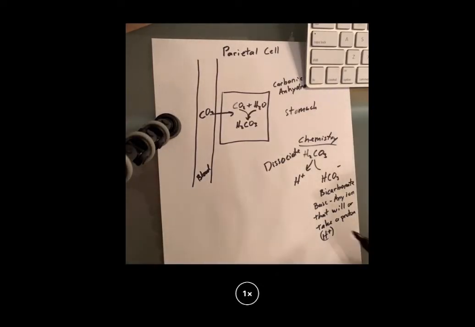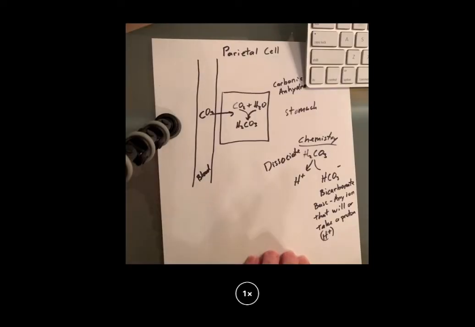Okay. You know that H plus is a proton. And since this HCO3 is negative, it will take that proton, therefore it is a base. So our HCO3 is a base, and we have H plus.